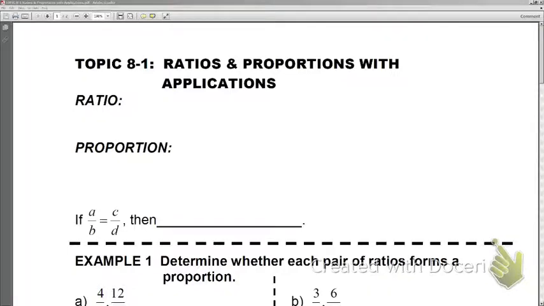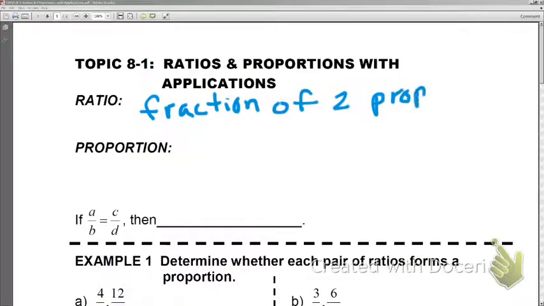Okay, we're going to start a topic on ratios and proportions with applications. So a ratio is just a fraction of two different things.